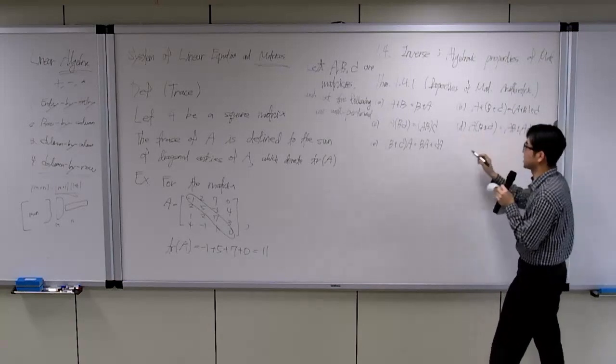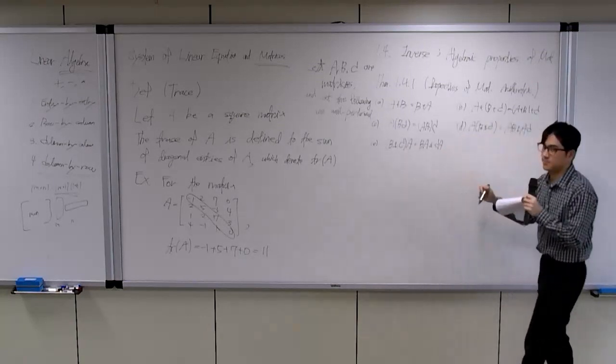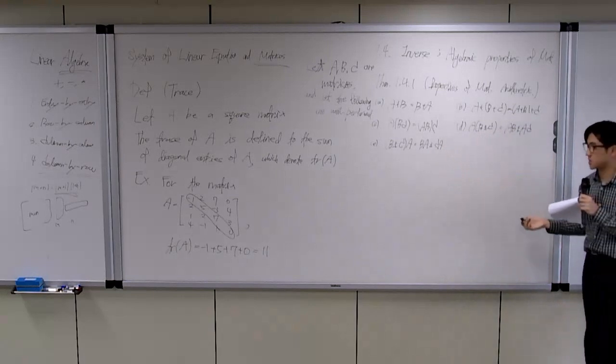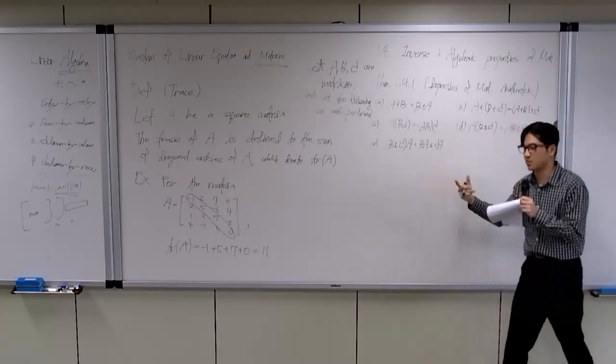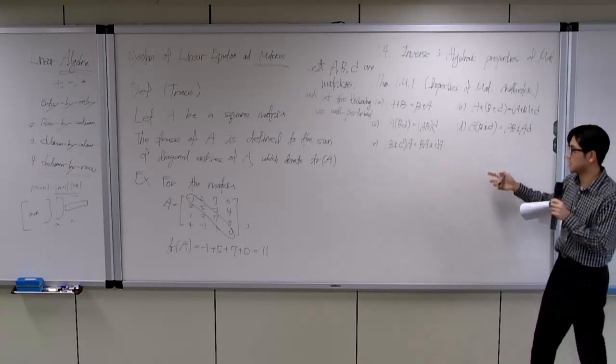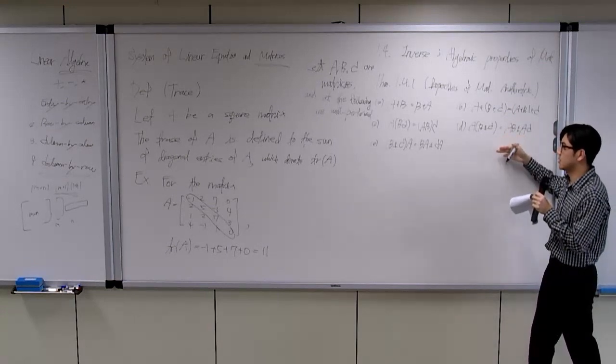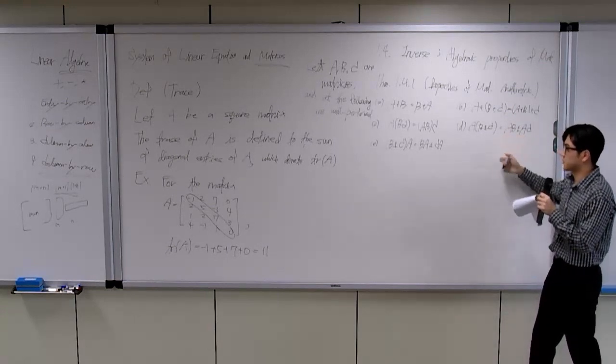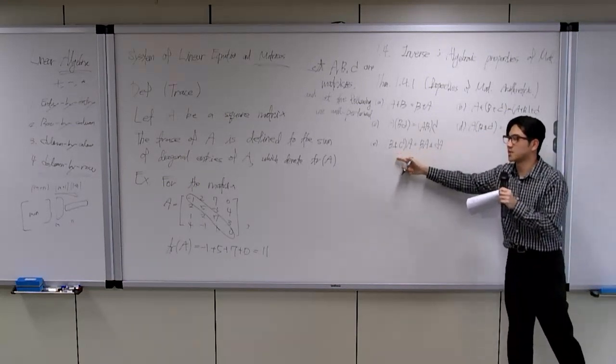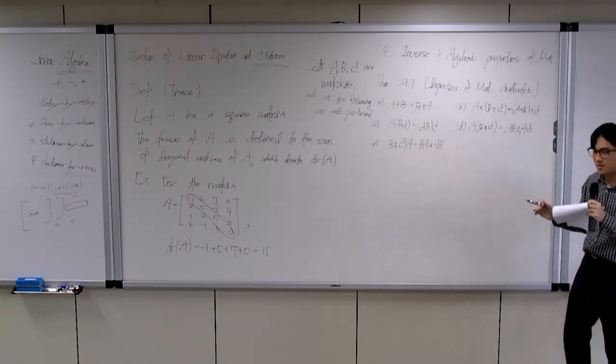Plus and minus also have the associative rule, because from the entry perspective, plus and minus are not different.